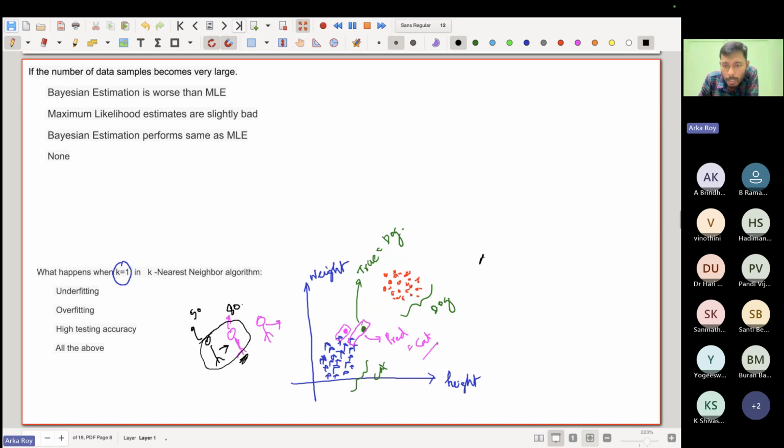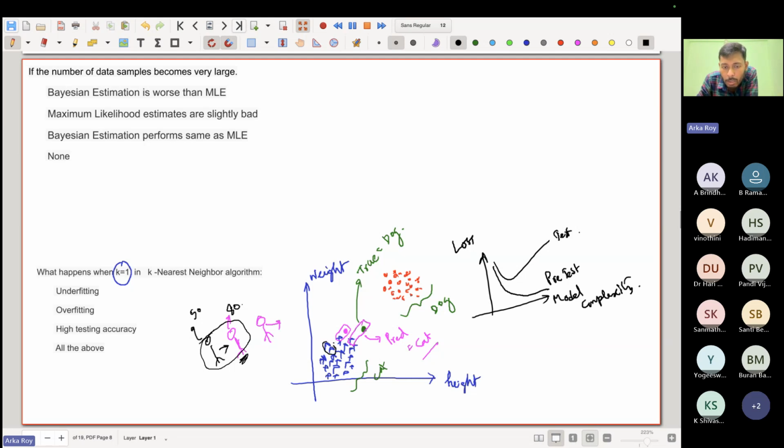We have seen this kind of problem already: let's say this is loss versus model complexity. Over there, you can see that at the time of pre-testing, your loss was very low, but at the time of testing, the loss is very high.